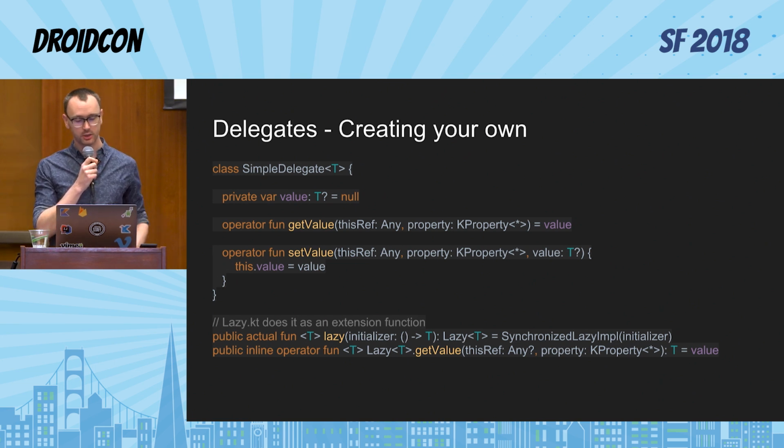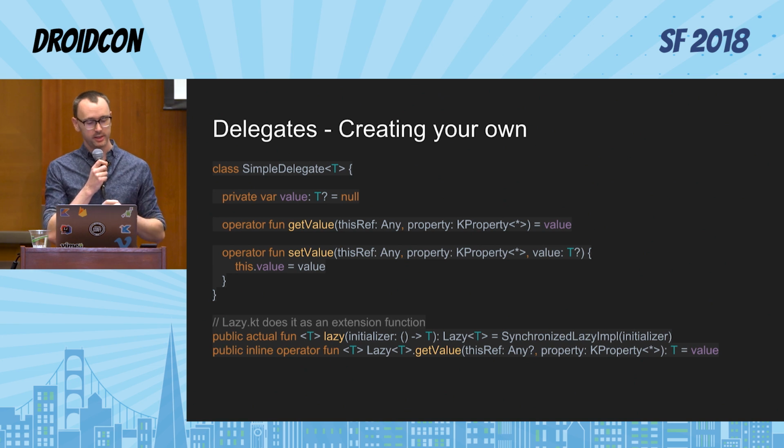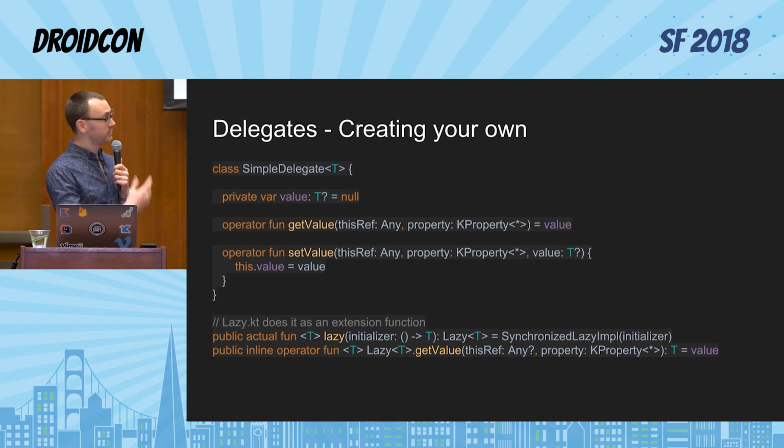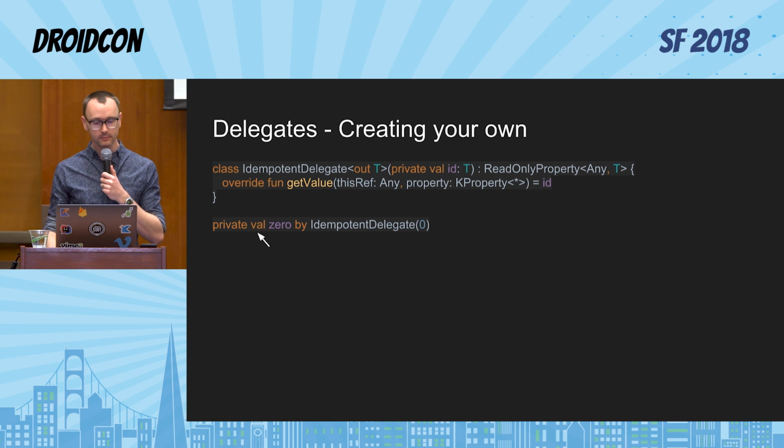Lazy is actually a top-level function that returns an object that is capital L Lazy, and its get value methods are actually inline operator functions that are extension functions on the Lazy type. So that's how they build them, and you could do the same if you wanted. Like I said, I'd suggest using the interfaces just so it's obvious what you're doing in your code.